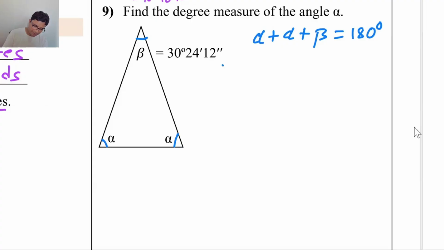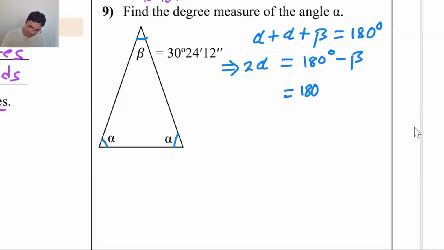Which means 2 times alpha plus beta. You can subtract it on the other side now because you know the value of beta, right? So that is now 180 degrees minus that value, 30 degrees, 24 minutes, 12 seconds.